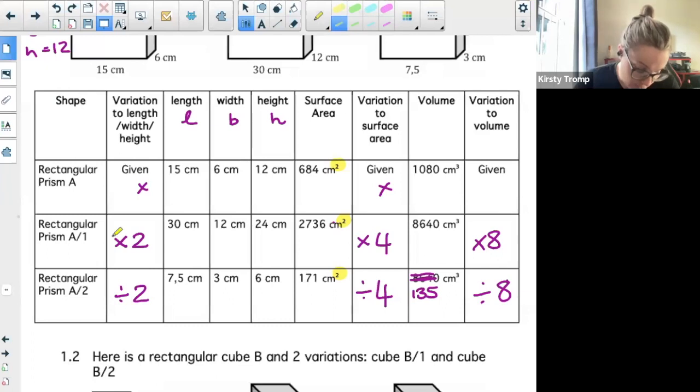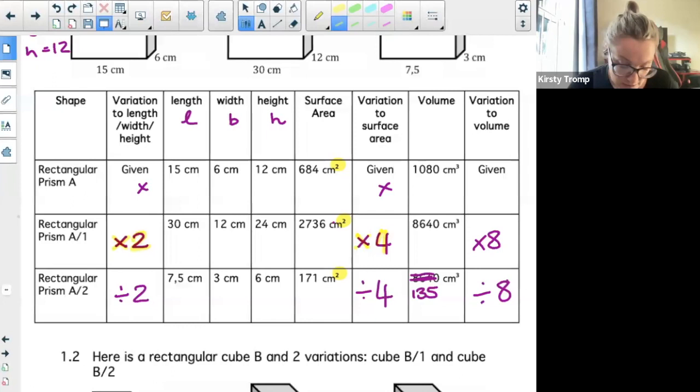If I was multiplying all the sides by 2, what would happen to the surface area? Surface area is always squared. So what does 2 squared give you? You can tell me in the chat. 2 squared will give you 4. Good.